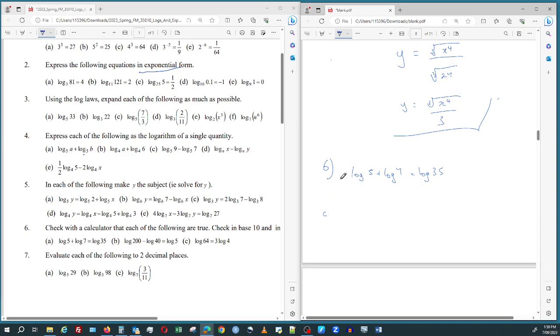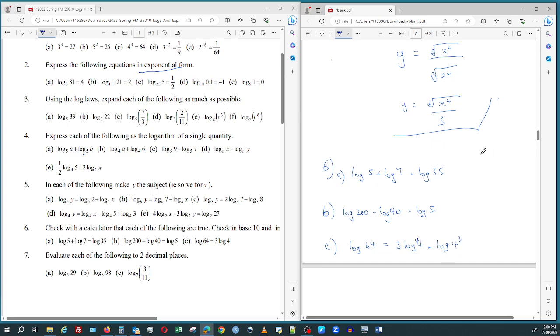That was 6A. 6B: log 200 minus log 40 is log 5, and finally the check they want is log 64 is equal to 3 log 4, which is equal to 3 log 5, which is equal to log 4 cubed.